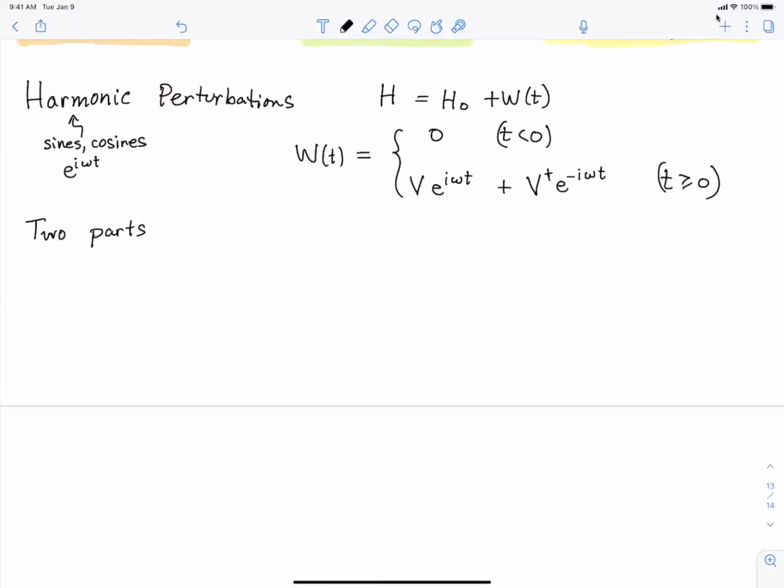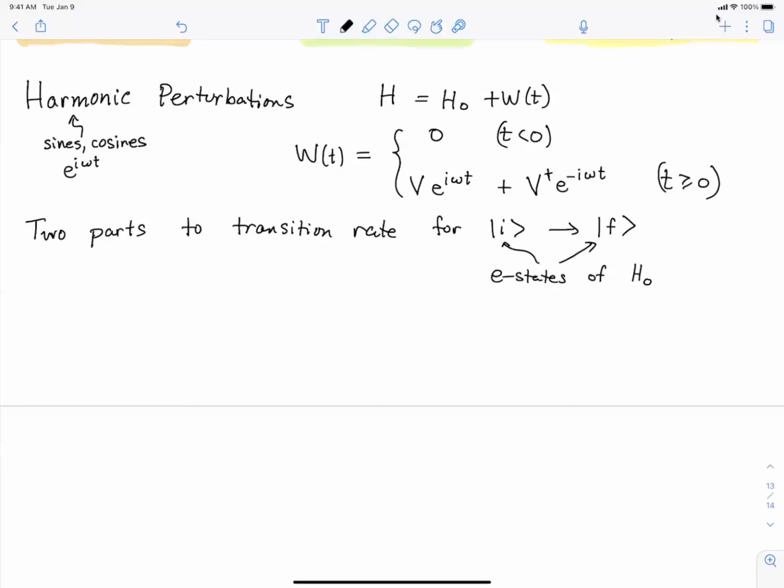So there are two parts to the transition rate. And today we're going to be calling our starting state i, and we're transitioning to a final state f. And again, remember, these are supposed to be eigenstates of our unperturbed Hamiltonian.